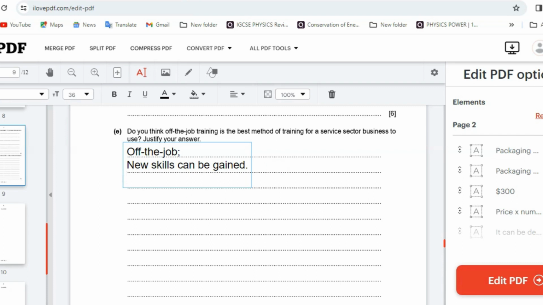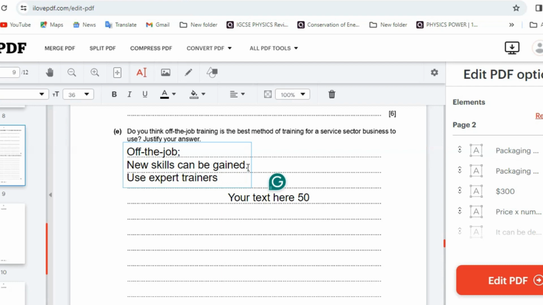Another one is that when you are using off-the-job, you will use an expert trainer. That is also a disadvantage. Use expert trainer, and that will increase cost.